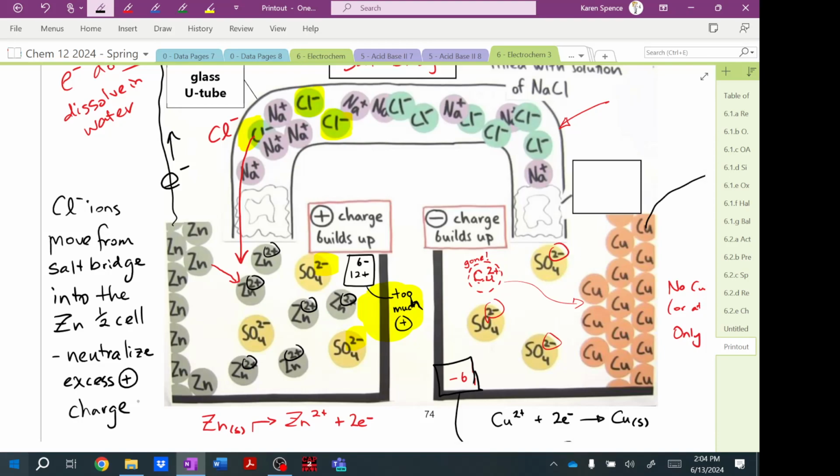So we used to have too much positive, but the chlorides can come in and say, no, no, I'll neutralize you all. So they just start moving in there.